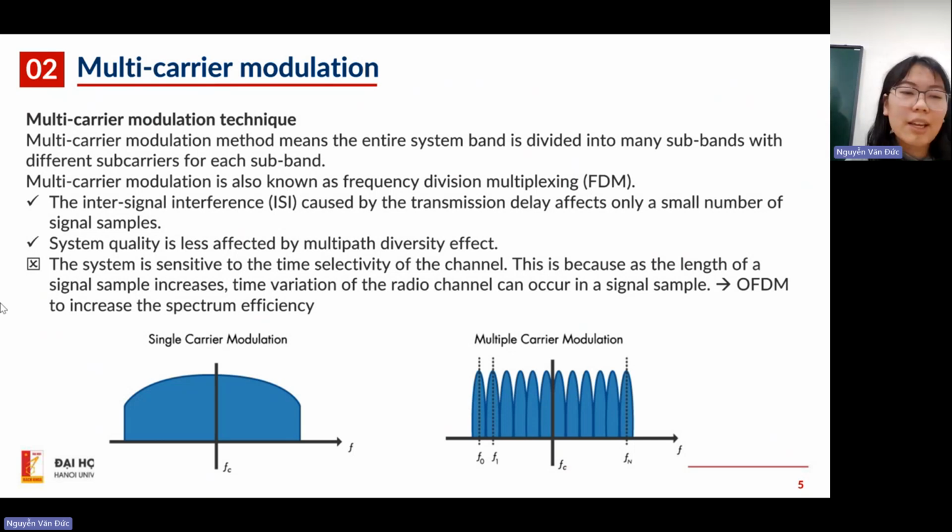But this method has a disadvantage, which is the system is sensitive to the time selectivity of the channel. This is because as the length of the signal sample increases, the time variance of the radio can occur within a signal sample, and that's why OFDM was born, to increase the spectrum efficiency.